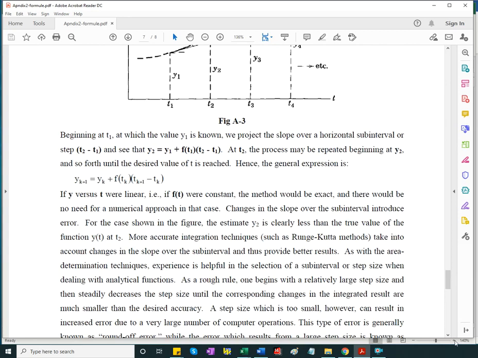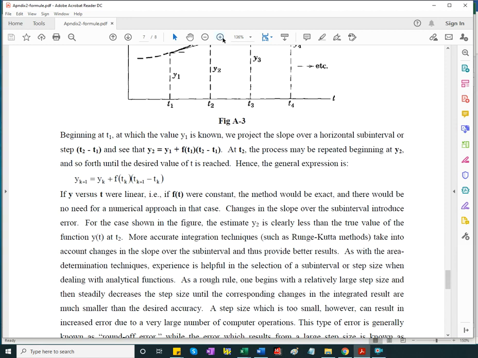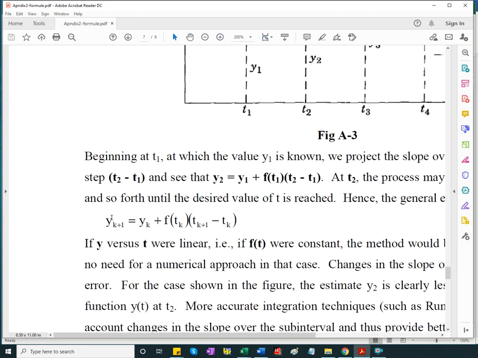So, I'm sorry, need to go back, I should have used this. So the integration step is the one that you're seeing here. Next value is previous value plus the derivative times the time step.